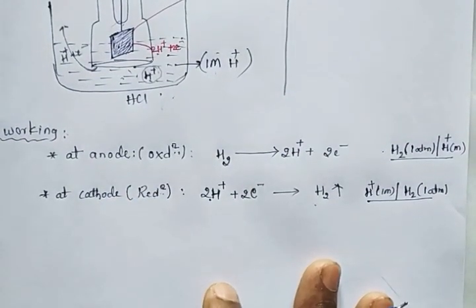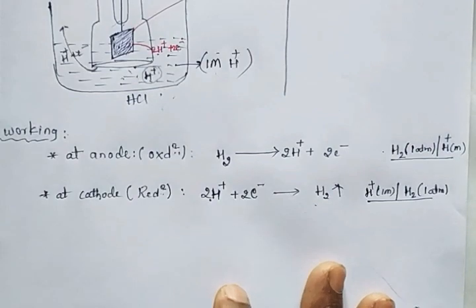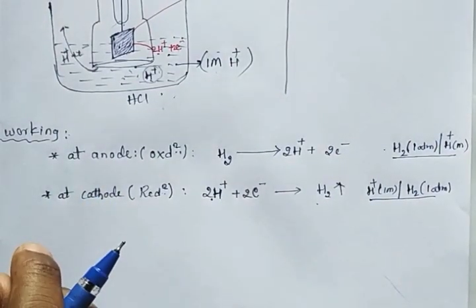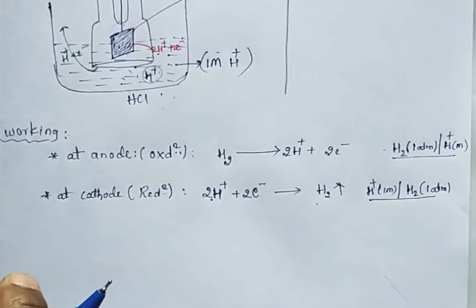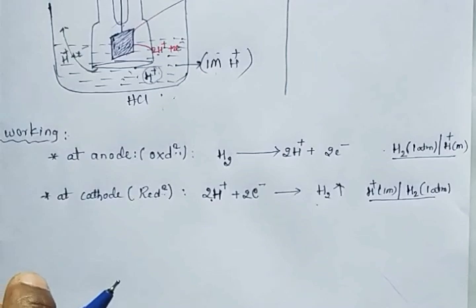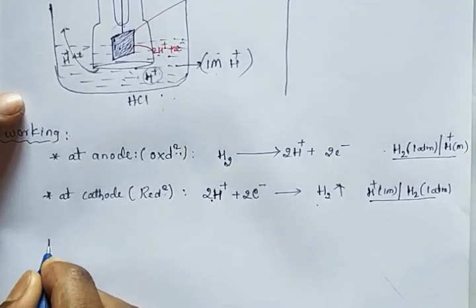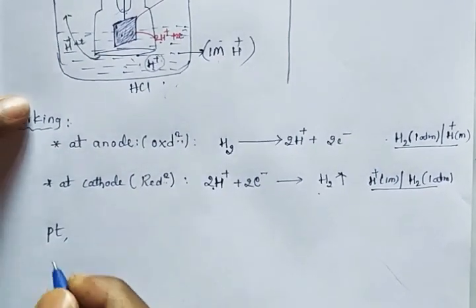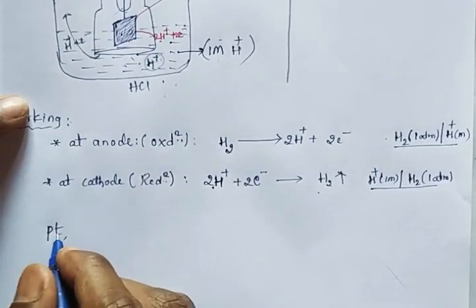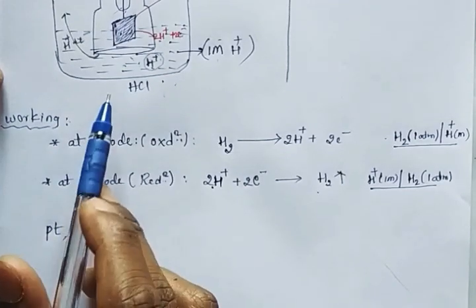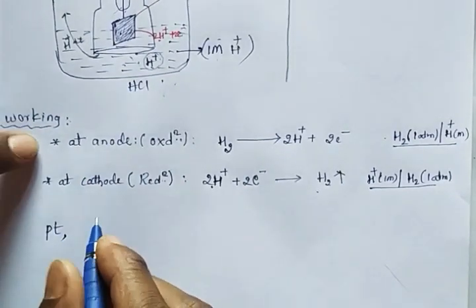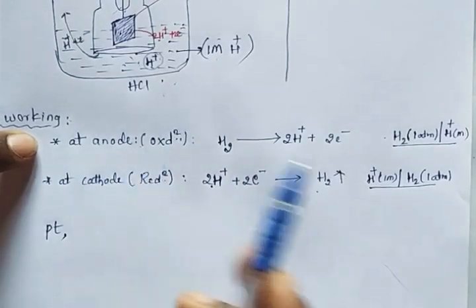Now how we are going to represent this cell? Representation of this cell. So the standard hydrogen electrode is represented by, यहाँ पर हम we are using the platinum electrode, platinum, comma. If it is placed at the left hand side, then first write platinum and then oxidation, because at left hand side oxidation takes place.